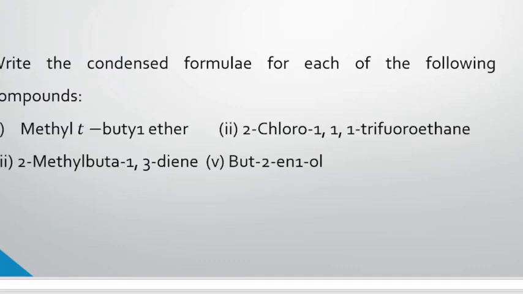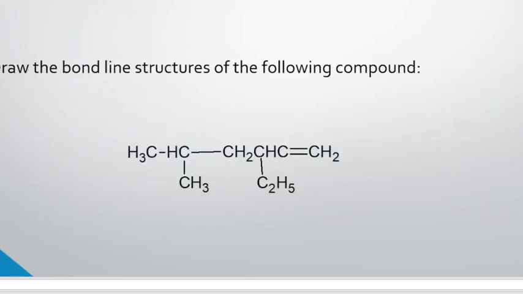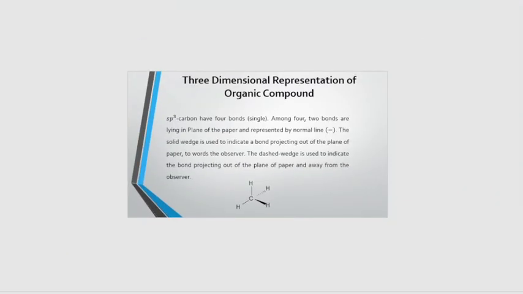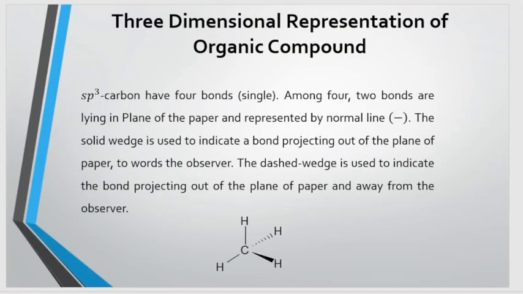Okay, now let us see how we can represent an organic compound in a 3-dimensional way. For an sp3 hybridized carbon atom with all single bonds, the bonds are represented with a normal line.